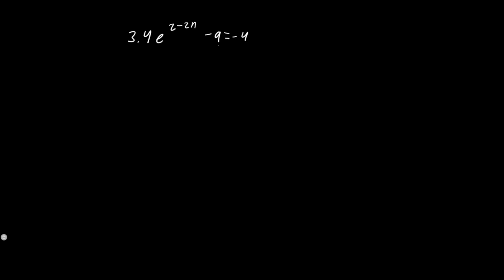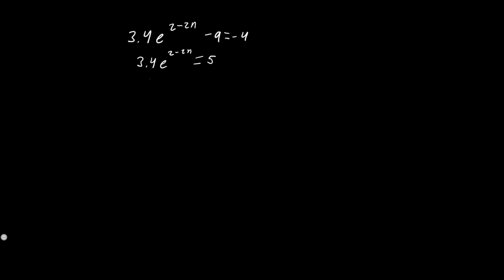So here we can go ahead and just add 9. So we have 3.4 times e to the 2 minus 2n, and that is going to equal positive 5 because 9 minus 4 is positive 5.